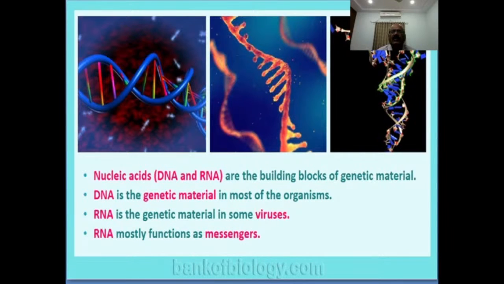These are the building blocks of genetic material. DNA is the genetic material in most organisms. RNA, that means ribonucleic acid, is the genetic material in some viruses. DNA means deoxyribonucleic acid. RNA mostly functions as messengers.